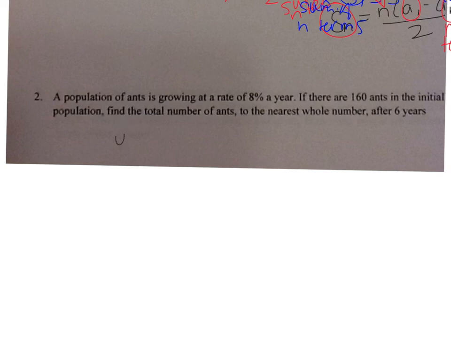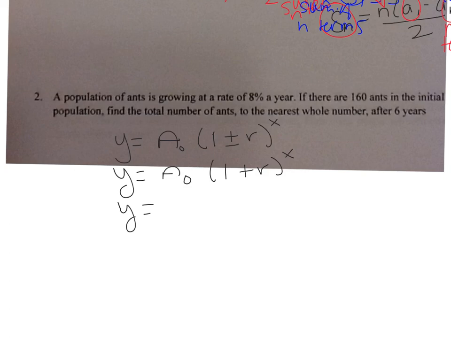So remember, that's y equals a sub 0 times 1 plus or minus your rate raised to the x power. Since it's exponential growth, it's y equals a sub 0 times 1 plus the rate raised to the x power. So my initial number of ants is 160 times 1 plus my rate, which would be 0.08, raised to the x power.